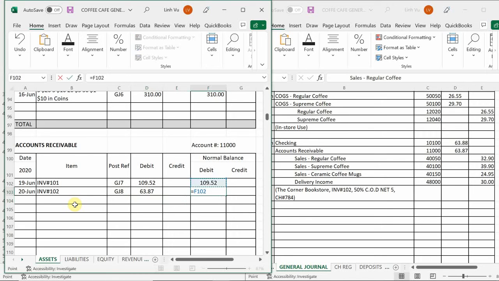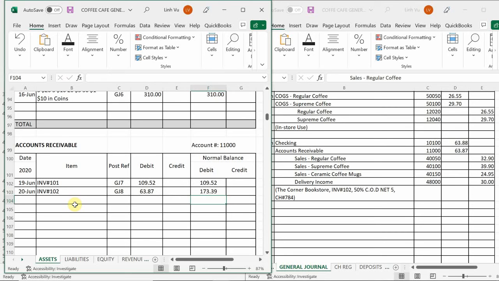So how much in grand total do my customers owe me? $173.39. Good.